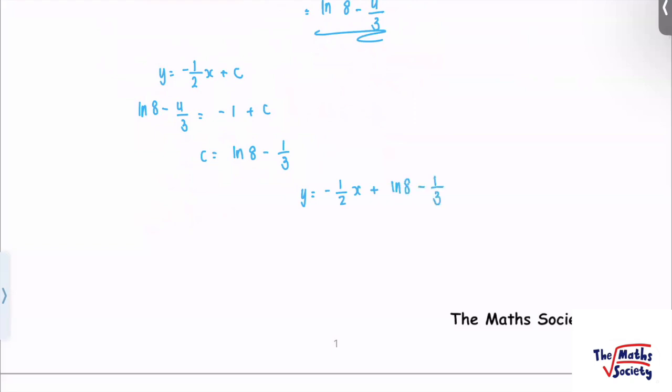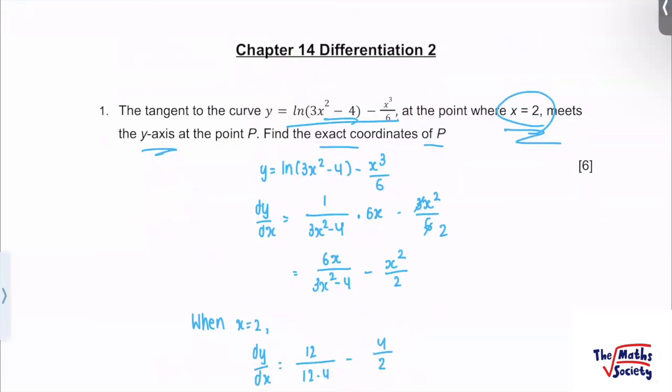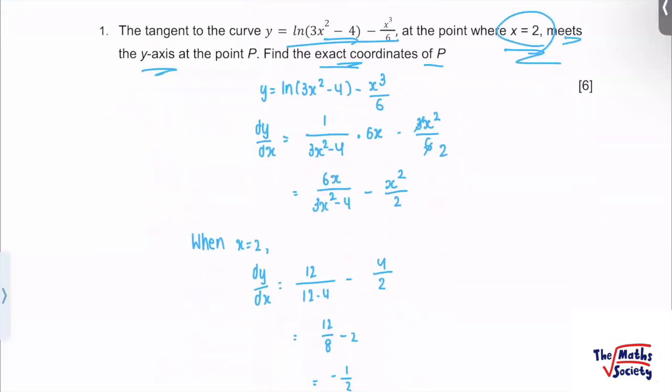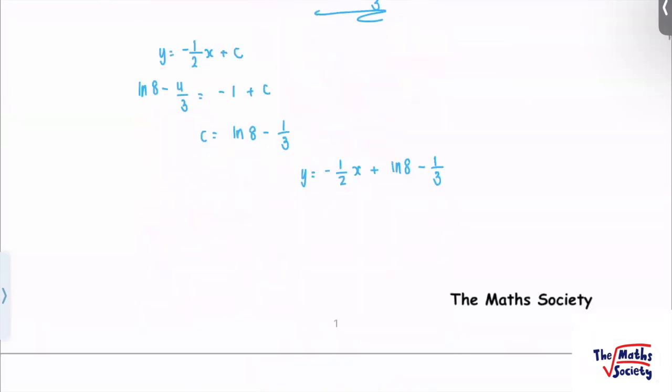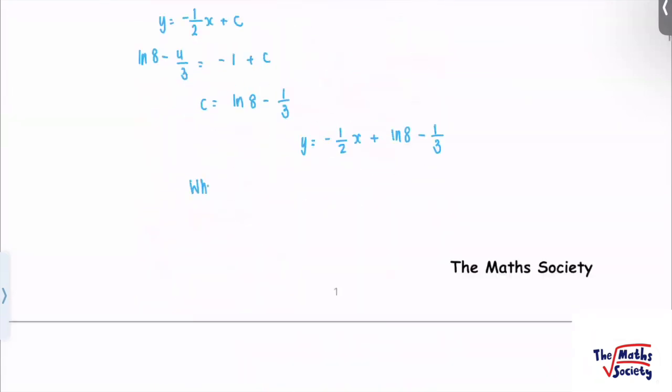So when x is equal to 0, because it says it meets the y-axis at point P, which means x is equal to 0. So we gotta find y when x is equal to 0. So y is just going to be equal to minus half times 0 plus ln 8 minus 1 by 3. And you'll get y equals ln 8 minus 1 by 3.